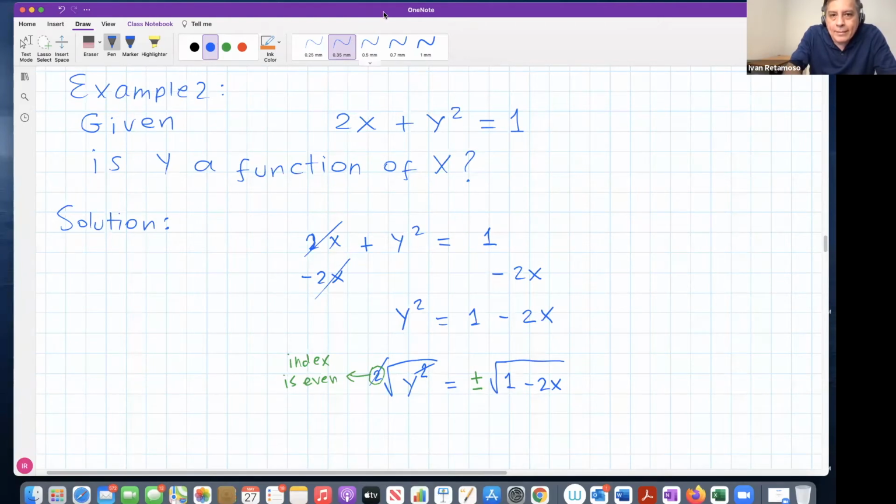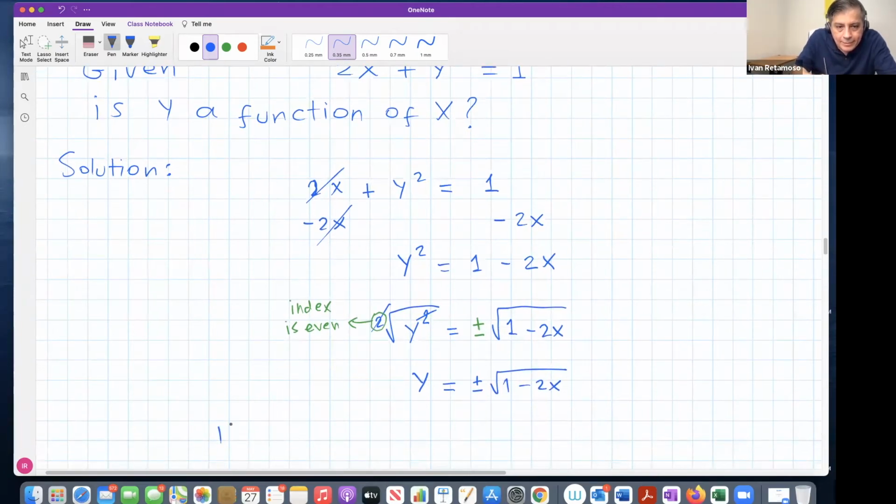Comments on the chat. Eugene, yeah, we're going there. Excellent. Alan, excellent comment. Then Eugene said, then y cannot be a function of x because of this. Look, for each value of x now, there is a positive version of y and there is a negative version of y, right?